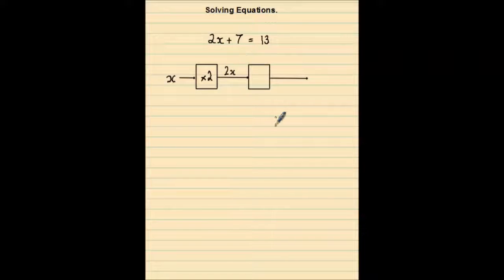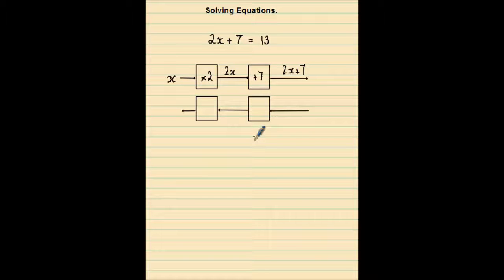We add 7. So 2x goes in, we add 7, hence 2x plus 7 comes out. And we stop there, having built up the left-hand side of our equation using the function machine.